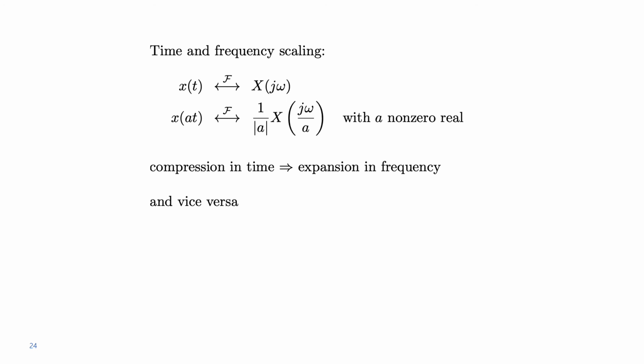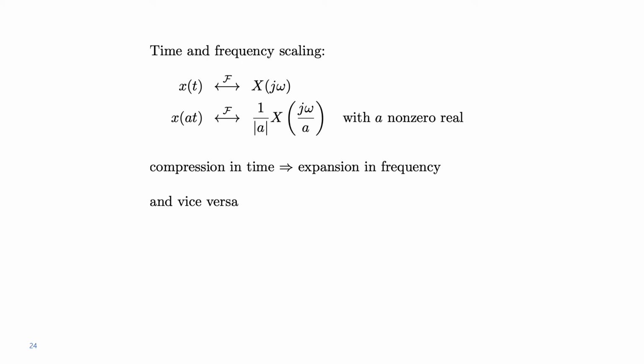Let's now keep exploring the relationship between the time and frequency domains with some interesting properties. We will consider time and frequency scaling first. So imagine that you have a signal x of t with Fourier transform x of j omega, and you scale the signal, obtaining the signal x of at.